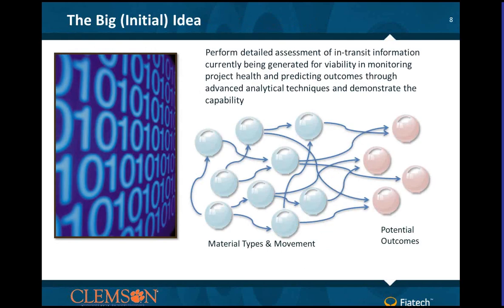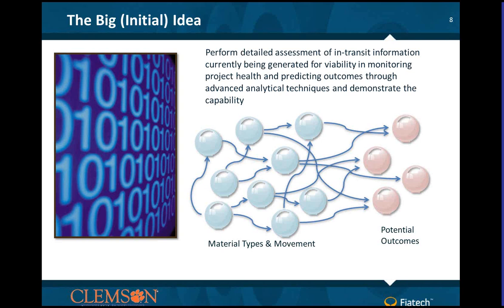Okay, so back to our big idea. Reg came to me and said, what if we could predict when bad things were going to happen and fix them? And I said, well, from a logistics standpoint, what if we look at the in-transit information of stuff in a project being sourced: getting the PO cut, getting it to the shipper, getting it to the freight forwarder, delivered to the job site, a variety of different touch points or milestones in the life of an item in a construction project.